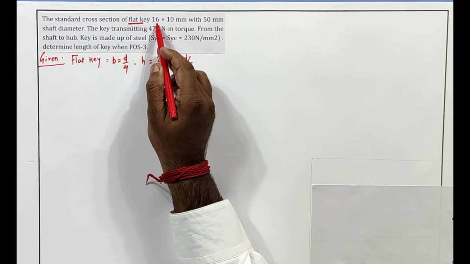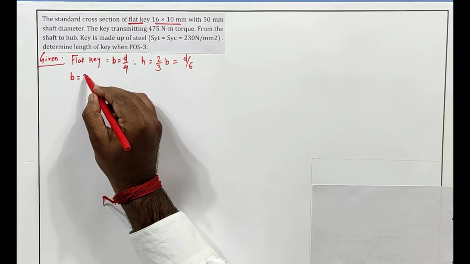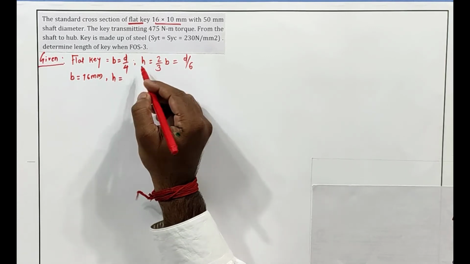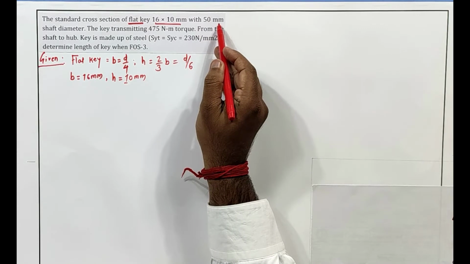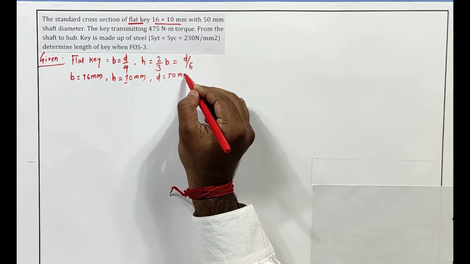Then having cross section 16 into 10, so B is width 16 mm and H height 10 mm, correct, with 50 mm shaft diameter, small d, 50 mm.